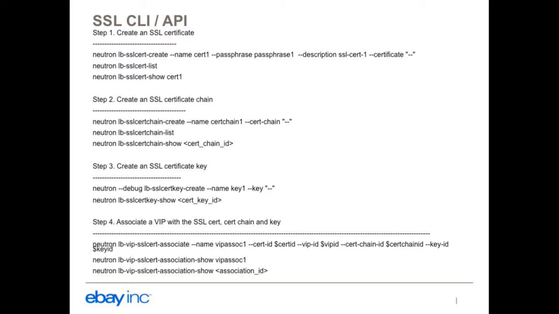With that, it will create the association. It will tie the certificate with the VIP, and that's how you use it. As you can see, all these entities, key, cert, and chain, are independent, so they can be mixed and matched with different associations.